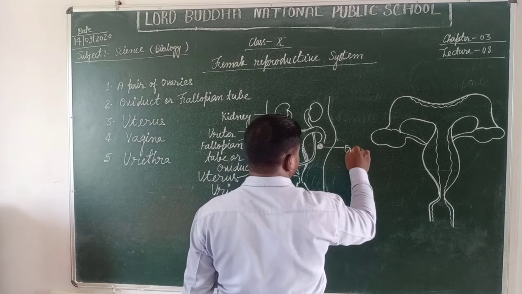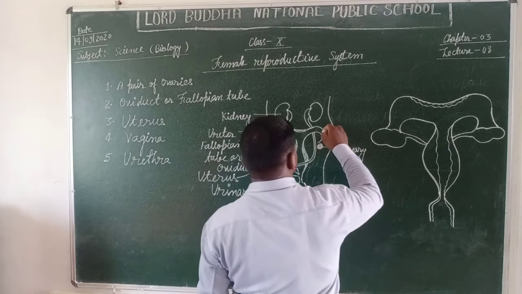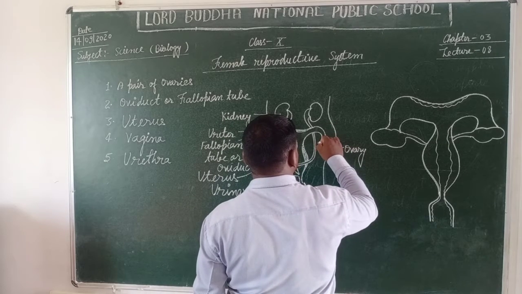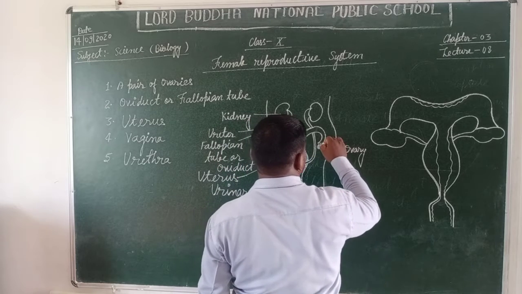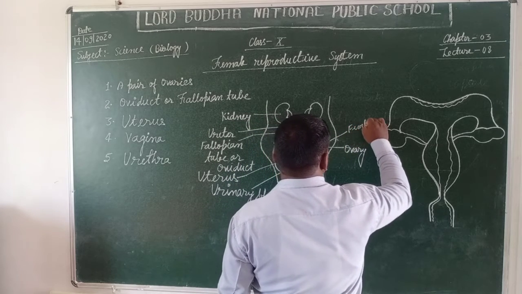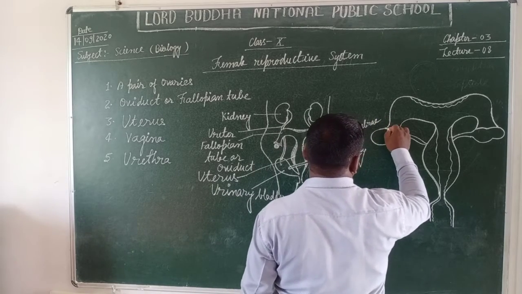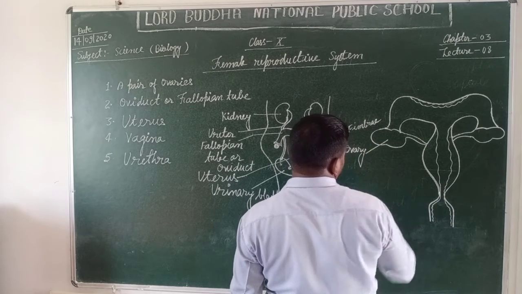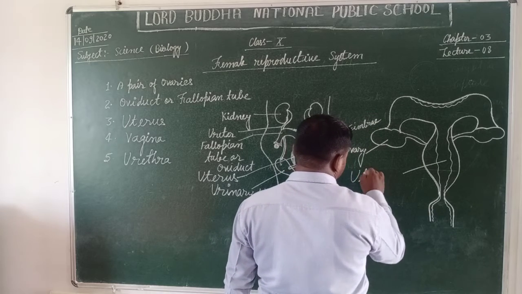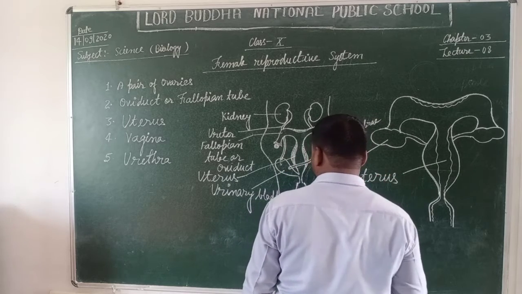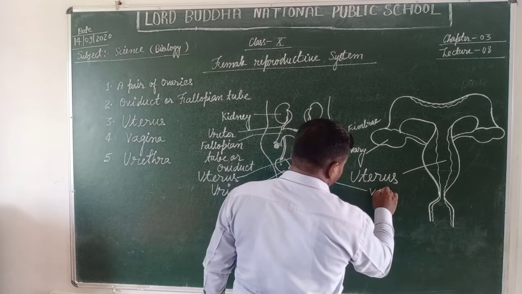The ovaries. A single one is called ovary. This is a finger-like projection structure called fimbriae. The same is ovary. The uterus. Vagina.